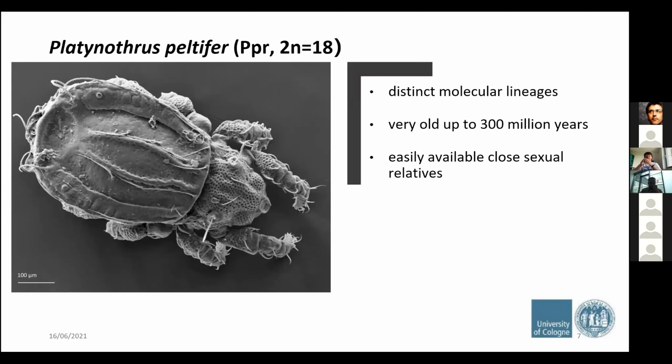It's an ancient asexual lineage which diverged and has distant macrolines, which resemble the outcome of geographic drift. They are also very old, up to 300 million years. They are also easily available and can be compared with their close sexual relative like Hermannia. I will talk about that later.